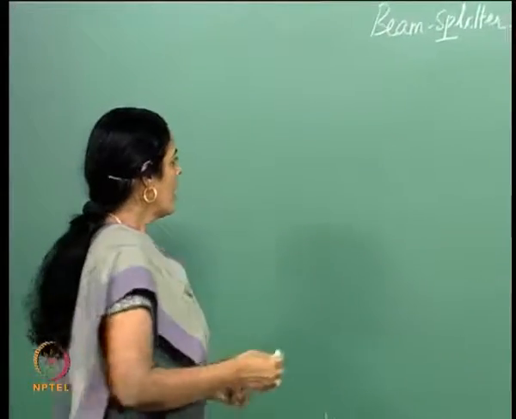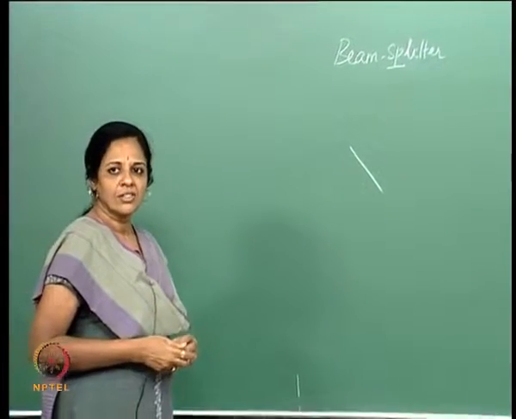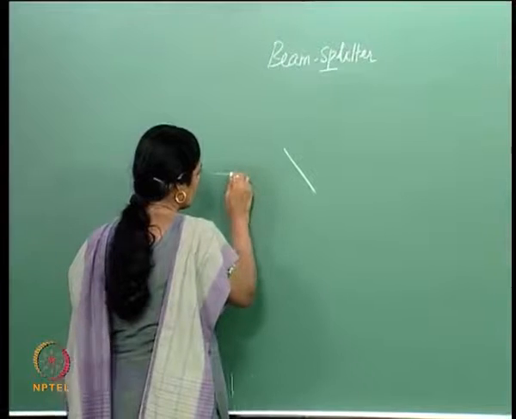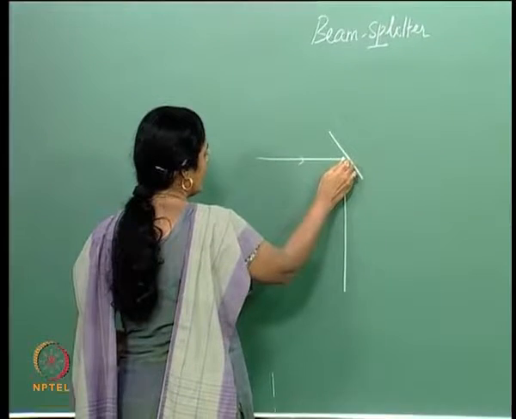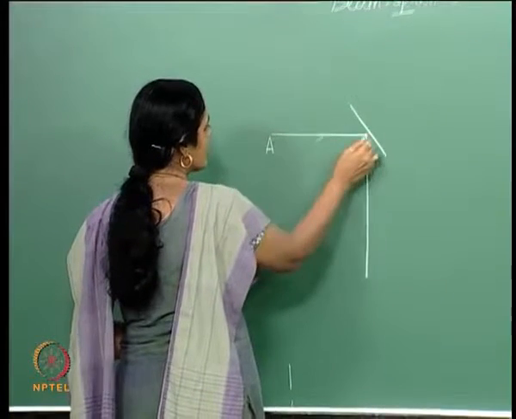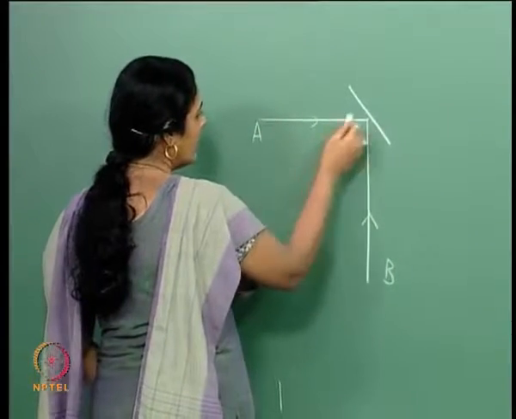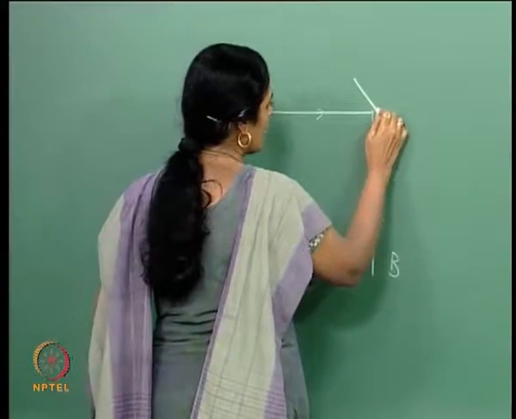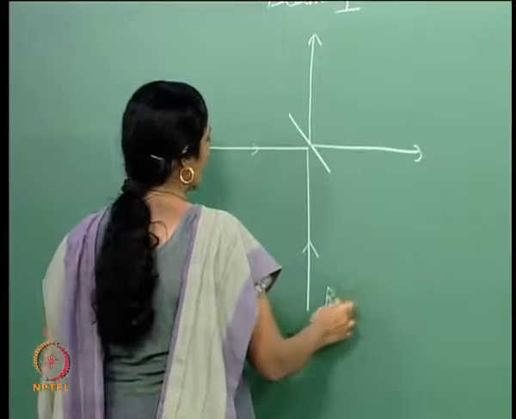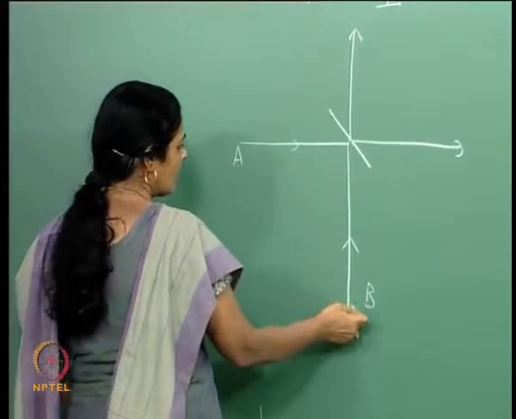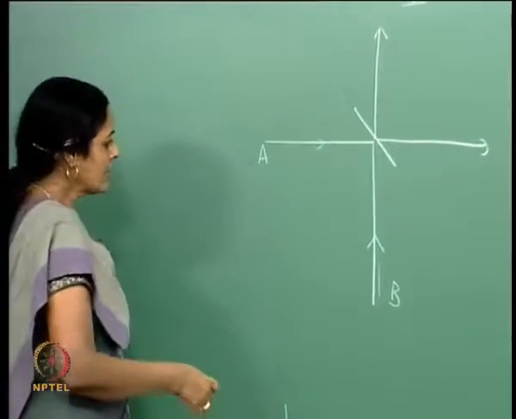In the sense, I'm going to talk of a device which is a partially silvered mirror, on which photons can strike either from this direction or from this direction. Any set of photons that strike on the beam splitter will be partly reflected and partly transmitted. Similarly, photons that come from here would be partly reflected and partly transmitted.